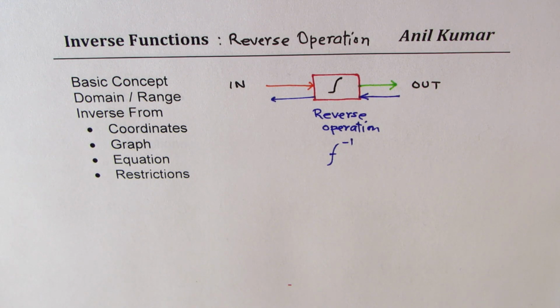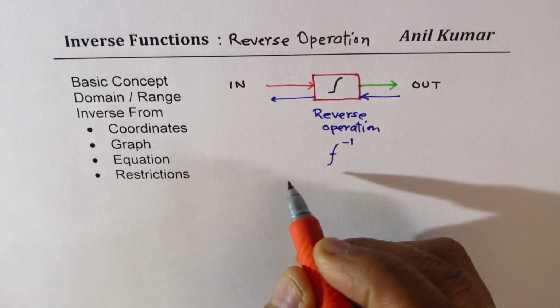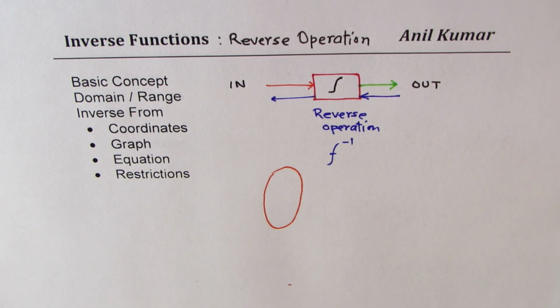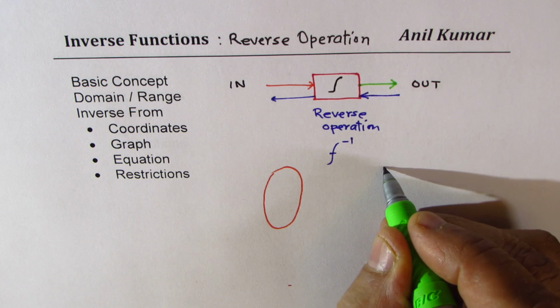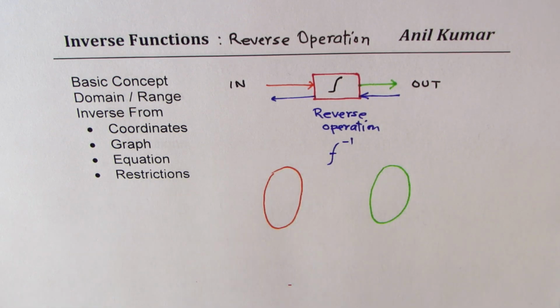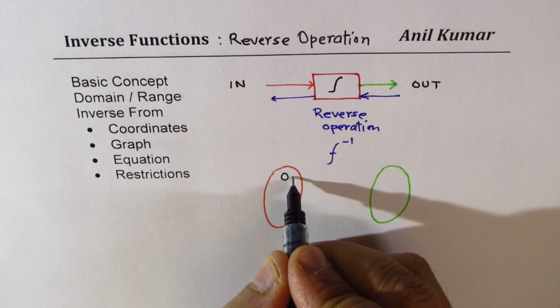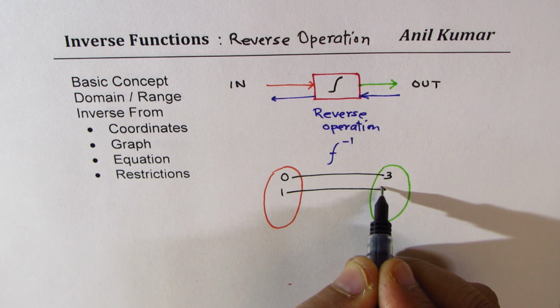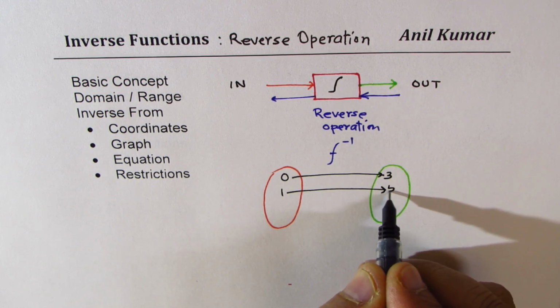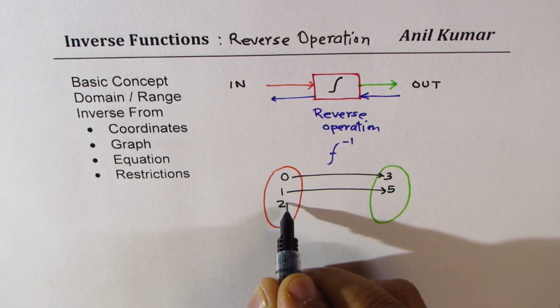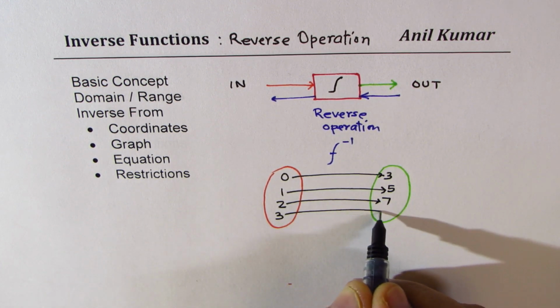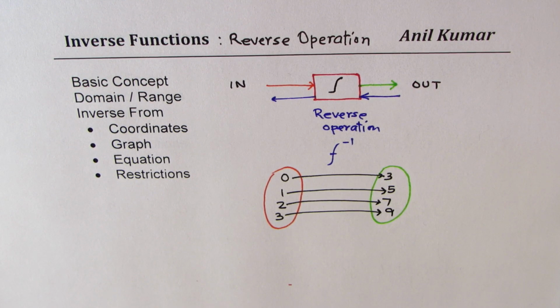Now let me take an example to illustrate the whole thing. Let's say we have a set of inputs here and some set of outputs. Let the numbers be, for example, 0, 1, 2, 3, with arrows to 3, 5, 7, 9.